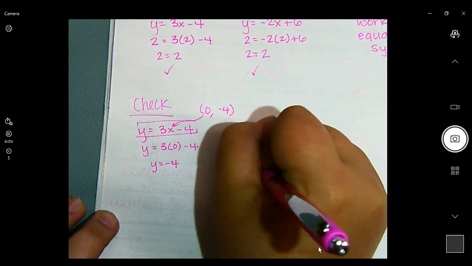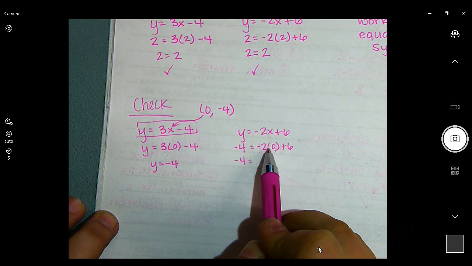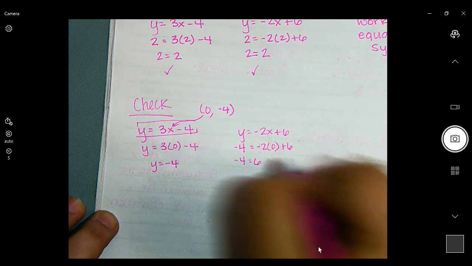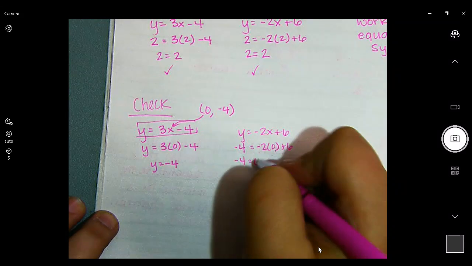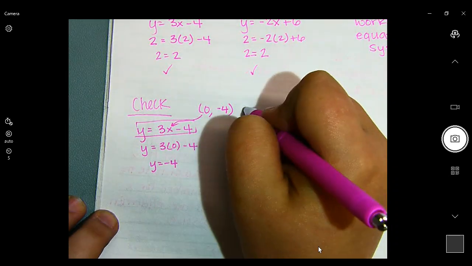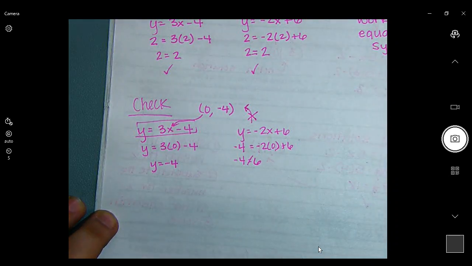So negative 4 equals, again, negative 2 times 0 should be obvious. That's just 0 plus 6. So I have negative 4 equals 6. Okay, I know that that is not a true statement, which means that this solution does not work for that equation.